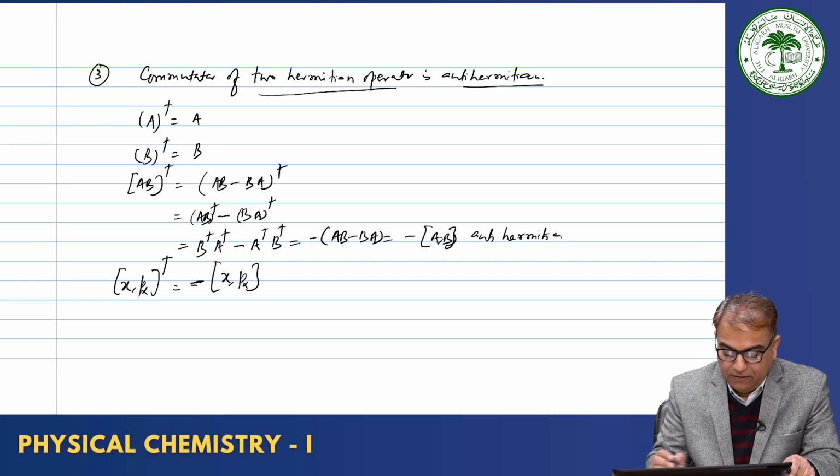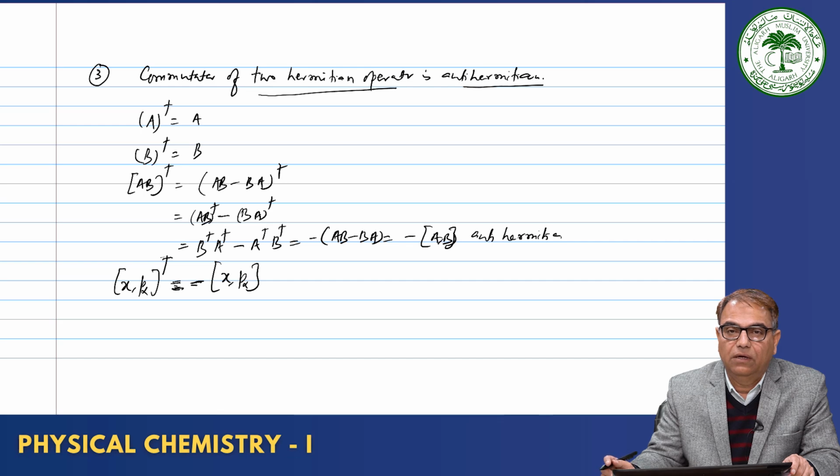So the commutator of two Hermitian operators is anti-Hermitian, meaning the dagger of [x, Px] is minus [x, Px]. This is the third property of operators.